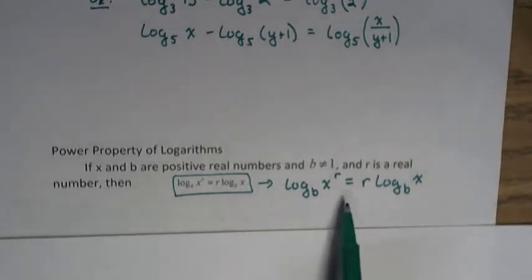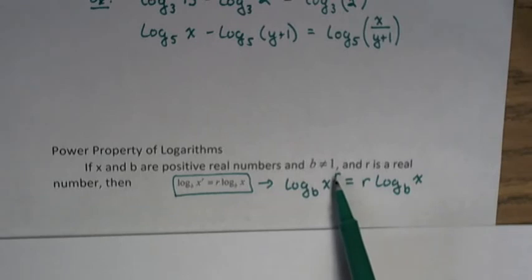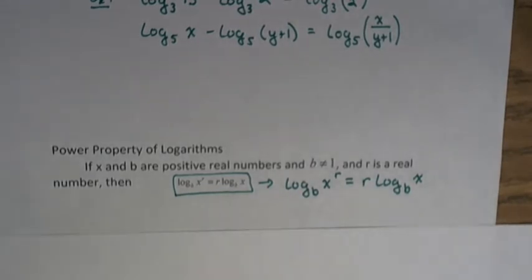This particular property is one of my favorites. I like to use this quite a bit when I'm solving equations, and it allows me to often get a variable out of the exponent when the exponent is part of a logarithmic expression.